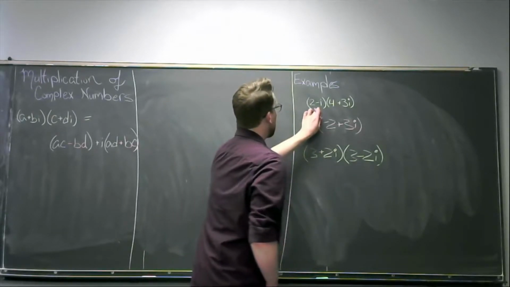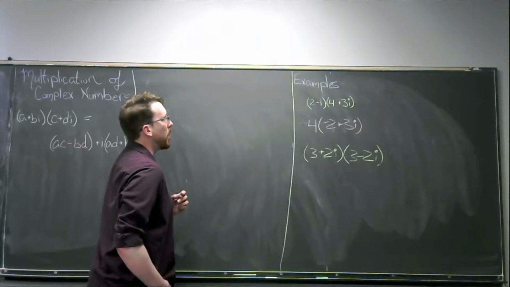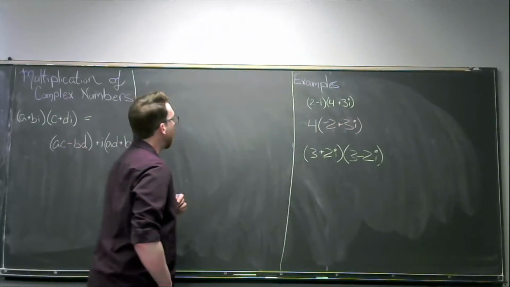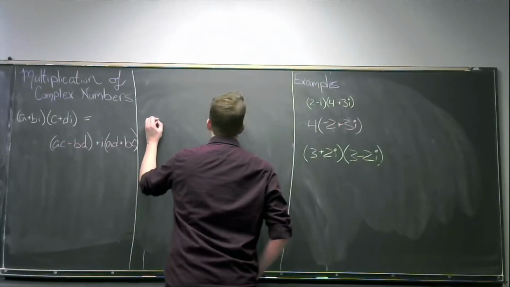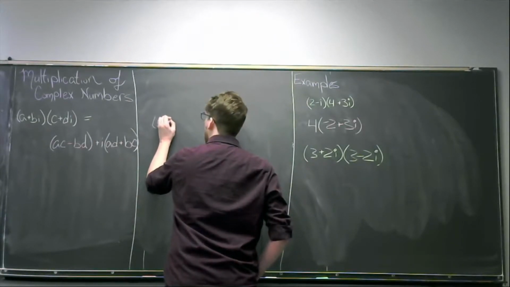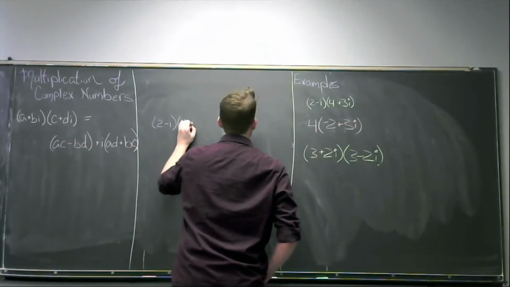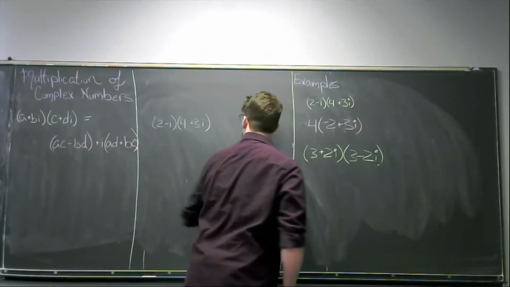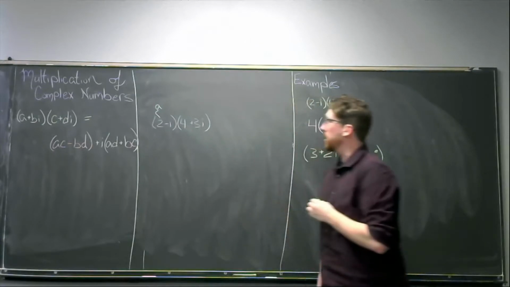What we've got for this first example is the complex number 2 minus i times the complex number 4 plus 3i. All right. So 2 minus i times 4 plus 3i. Well, this first value is a, right?